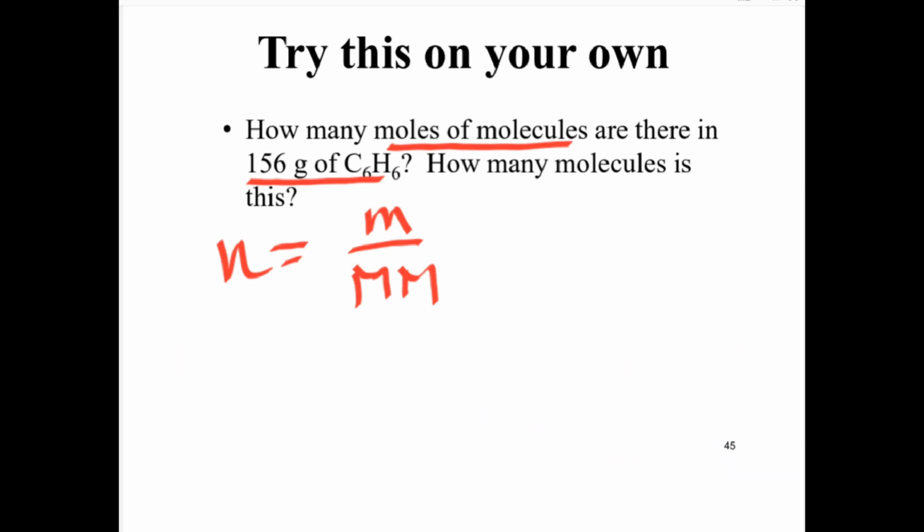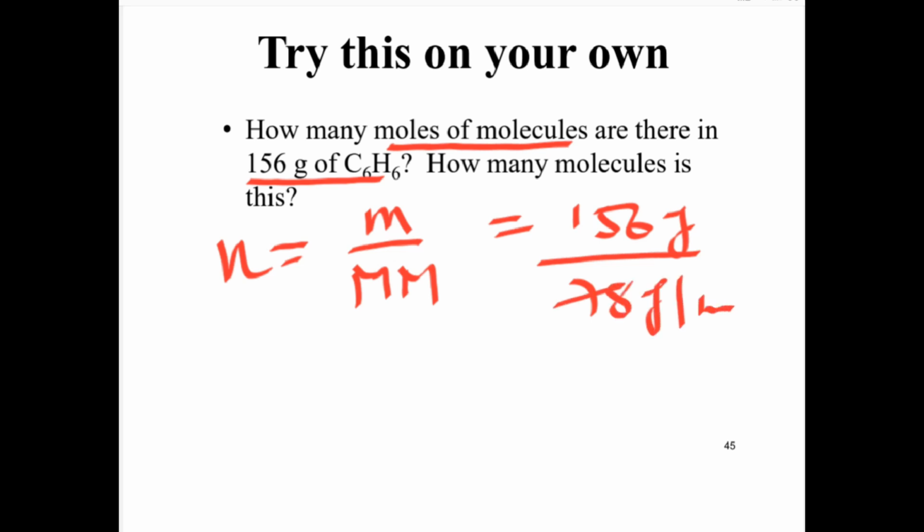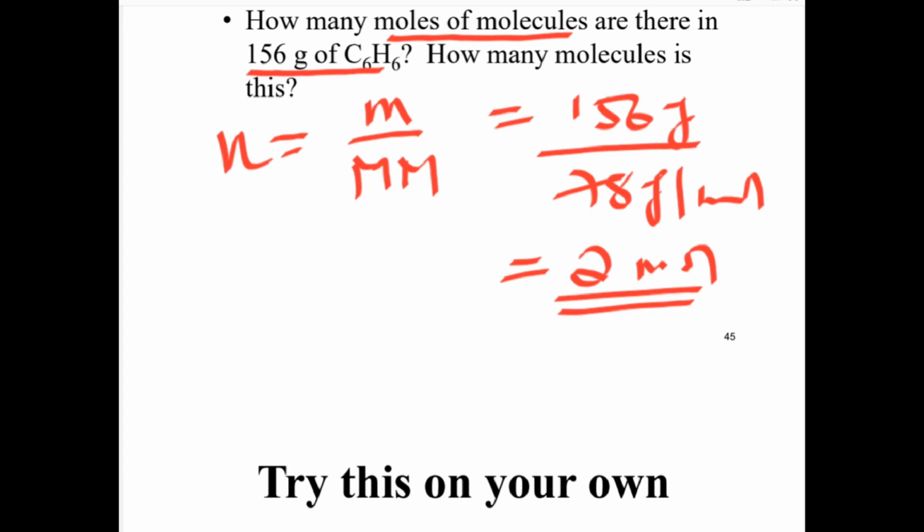ማሱ ስንት ነው? 156 ግራም over 78 ግራም ፐር ሞል ስንት ይሆናል? 2 ሞል ማለት ነው። ስለዚህ በሞል 2 ሞል ማለት ነው። how many molecules is this?